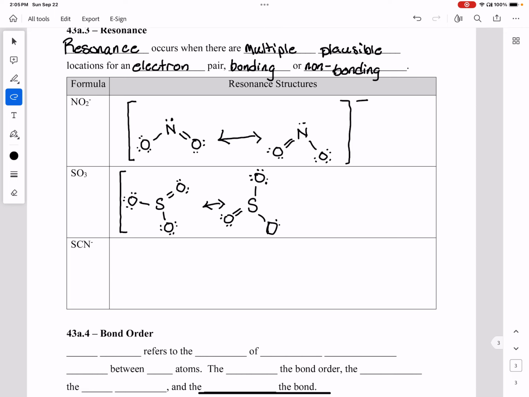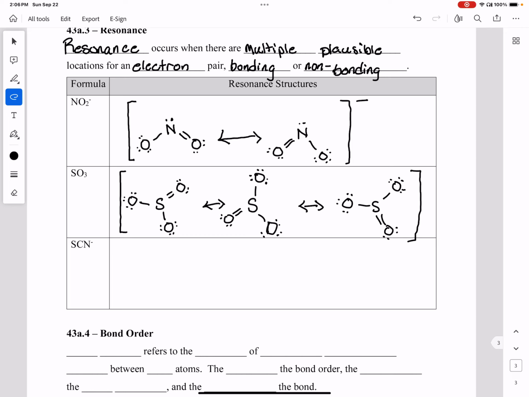Oh, I almost drew a hydrogen for no reason. So we have three options here. And it's not an ion, but it is resonance, so we have the brackets.